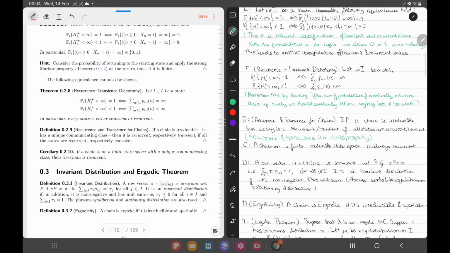Okay, a row vector pi is invariant with respect to p if pi p equals pi.